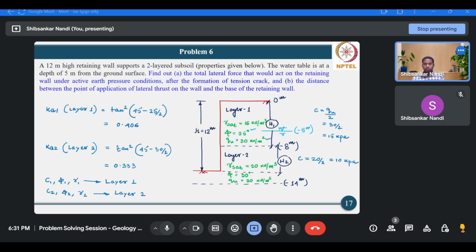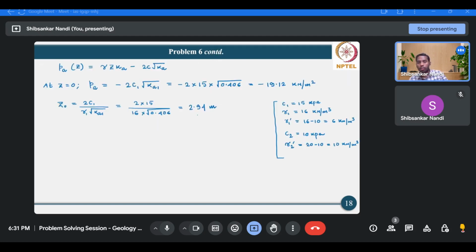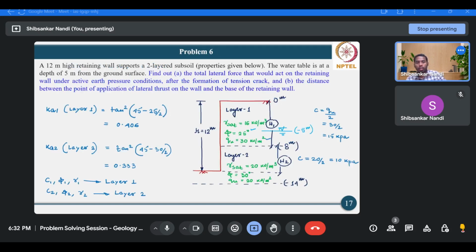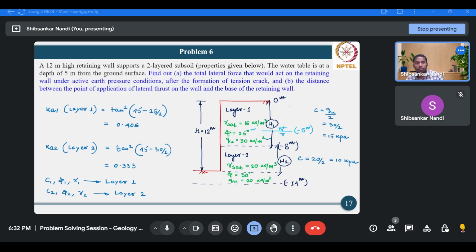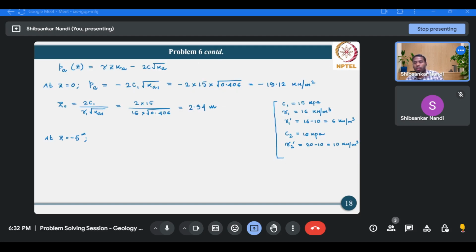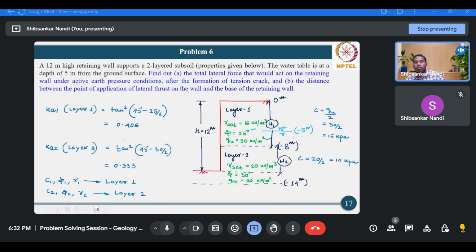So at a depth of 2.94 meters, the active earth pressure will be 0. Now we'll calculate the active earth pressure just above the water table. So that means at z equals to 5 meters, your Pa will be, so what will be the effective overburden?